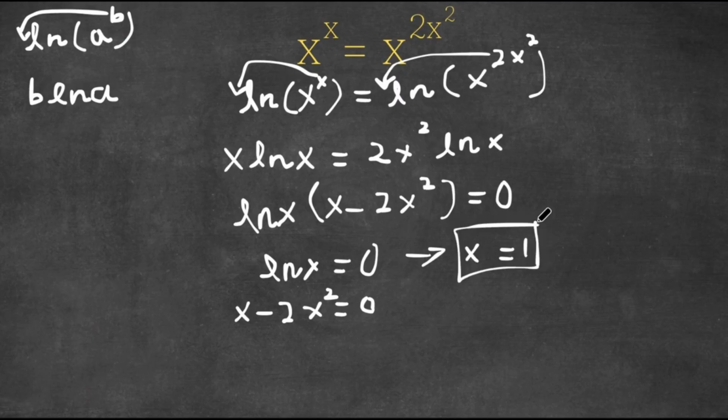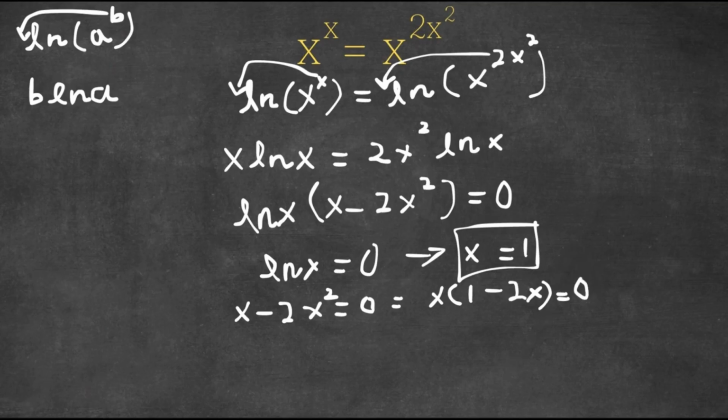So this is one solution to this equation. And for x minus 2x squared equals 0, this is equal to x times 1 minus 2x is equal to 0.